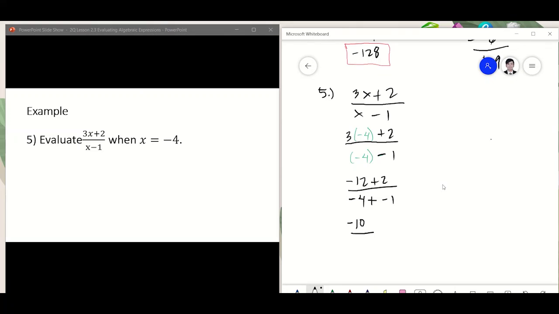So we need to add 4 and 1. 4 plus 1 is 5. And then copy the common sign, which is negative. Now we have negative 10 divided by negative 5. So negative divided by negative is positive. 10 divided by 5 is 2. So our final answer is 2.